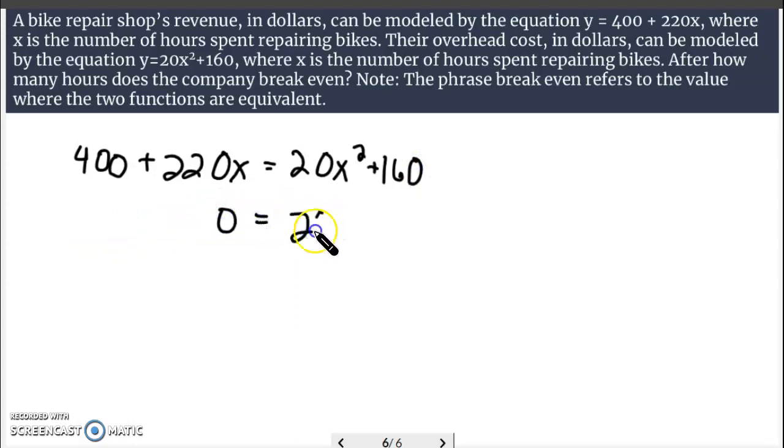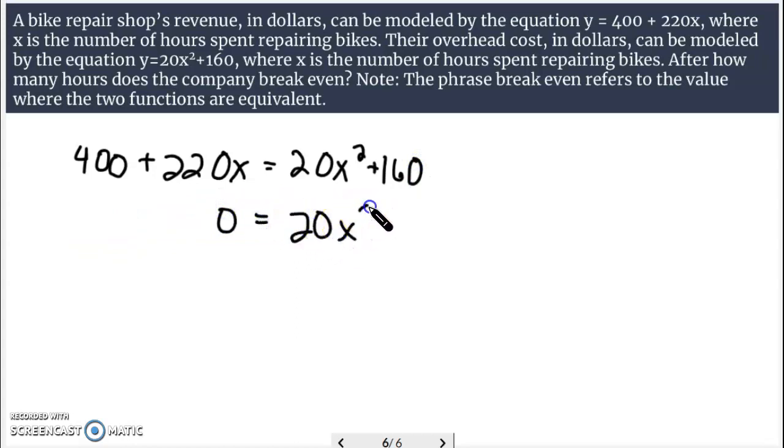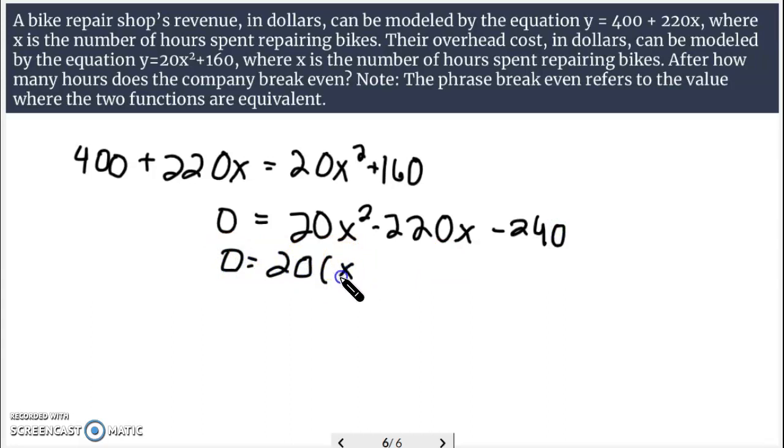That means we're going to subtract 220x from both sides. Then we'll take away 400 from both sides. 160 minus 400 is negative 240. Alright, this can be solved by factoring. We're going to factor out first a 20 from everything. We have x squared minus 11x and then minus 12.